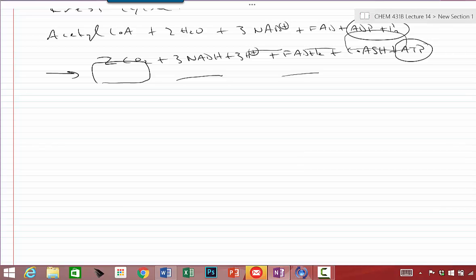Basically, this is going to be the beta phosphorus from GDP is going to attack right there on that phosphorus atom, and then this is going to attack a proton. Okay, it's going to attack a proton. Okay, and then we're going to get GTP made from this. Okay. Next step.